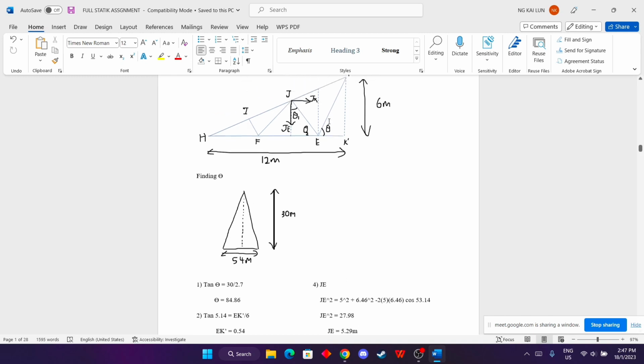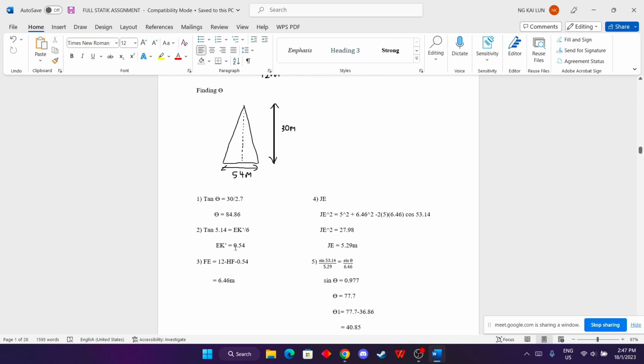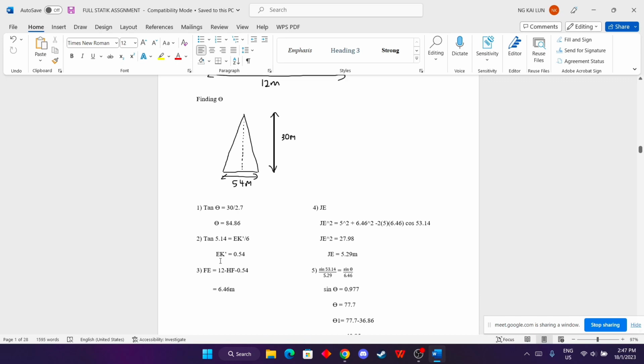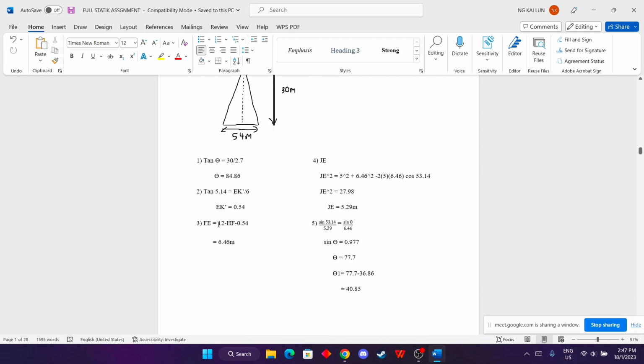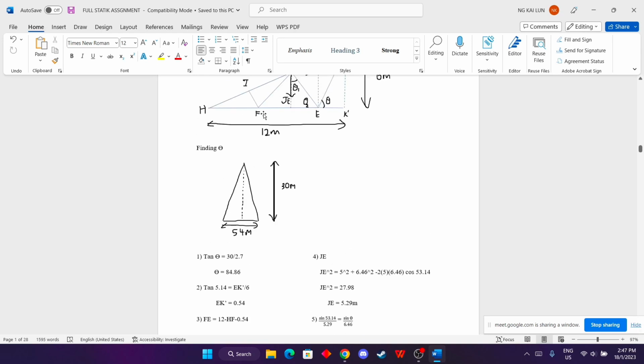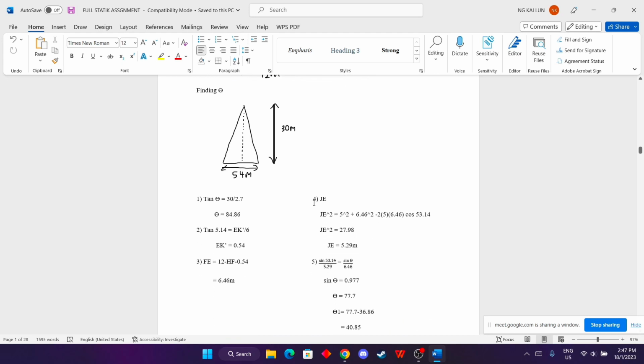I'll get the length here. So the length of EK is 0.54 meter. And then to find FE, since I know here is 12, all I need to do is use the whole length, 12 minus HF, and then minus 0.54. I will get the length of FE, which is 6.46 meter.